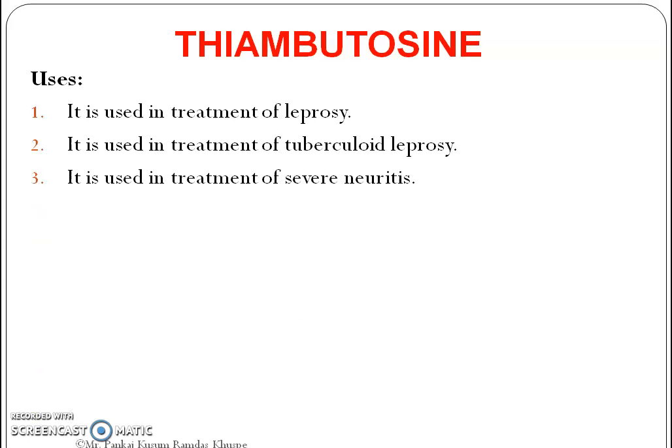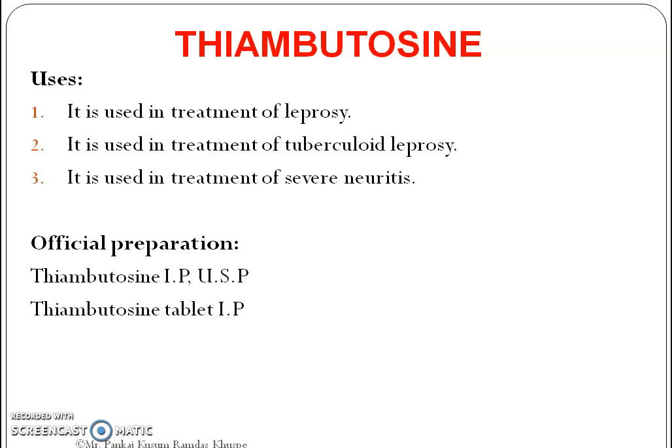Next title, uses of thiambutosine. Thiambutosine is used in the treatment of leprosy. Second, it is also used in the treatment of tuberculoid leprosy. Third use, it is used in the treatment of severe neuritis also. What is this severe neuritis?